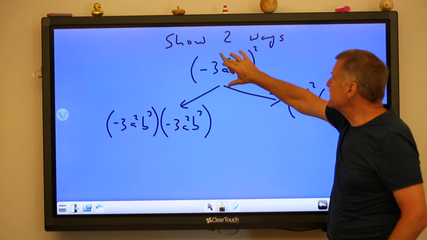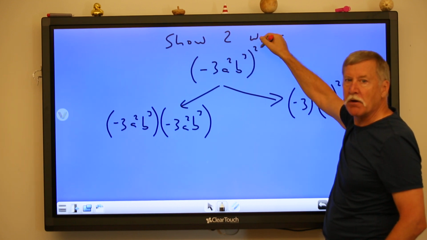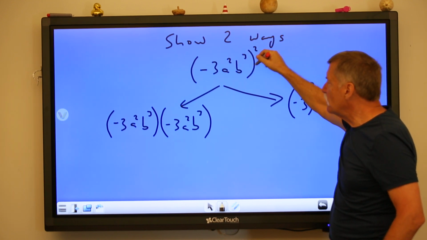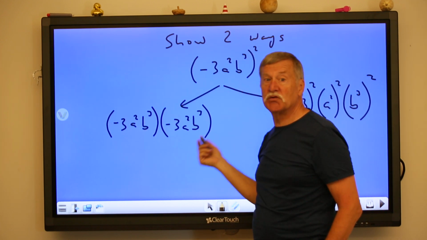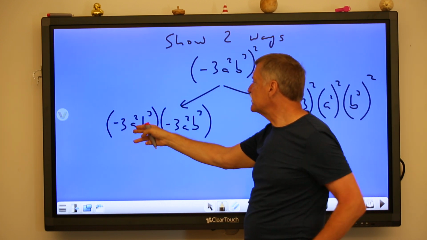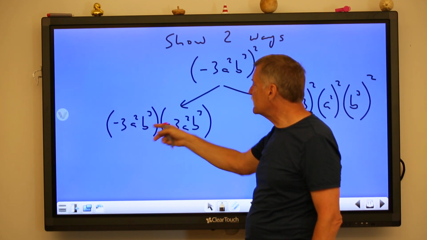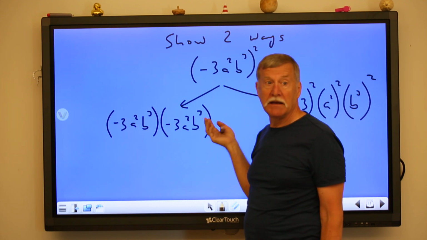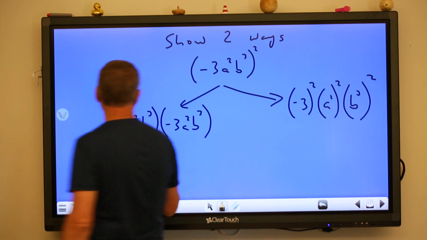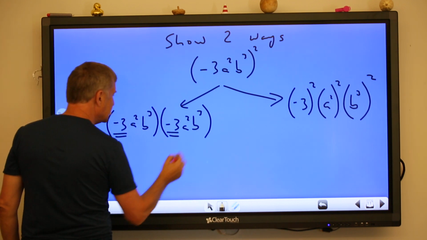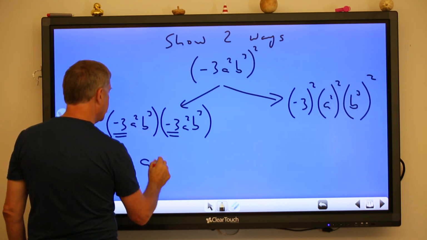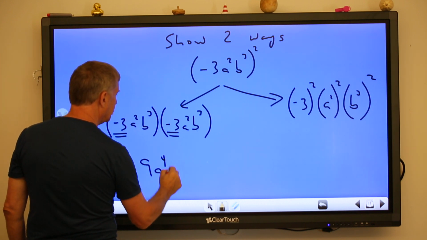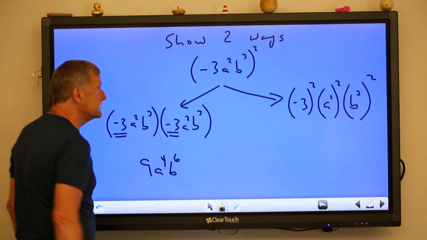And so you're asked to show this two ways, all right? Here's something inside parentheses to the 2nd power. So how could you show this two ways? Well, one way would simply be to repeat what's inside the parentheses twice. Minus 3a squared b to the 3rd times minus 3a squared b to the 3rd. And so I got minus 3 times minus 3 is 9. A squared times a squared, a to the 4th, and b to the 3rd, b to the 3rd, b to the 6th.